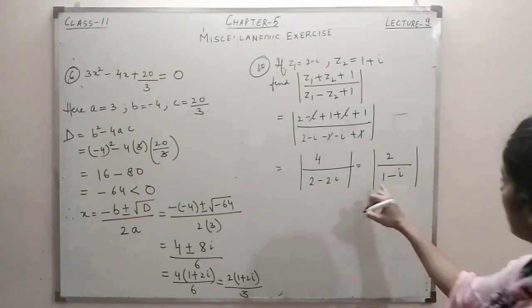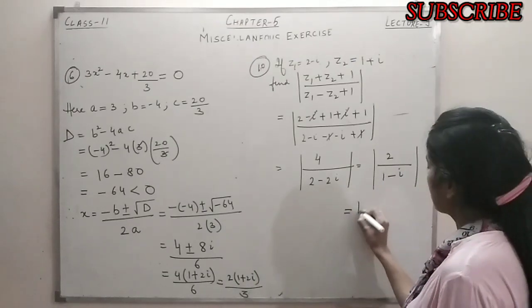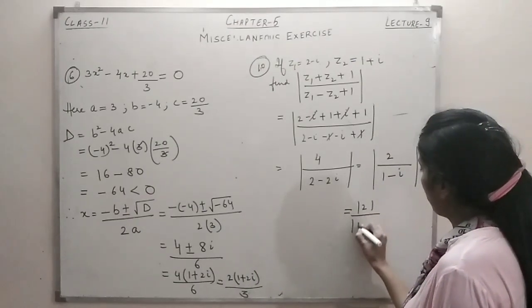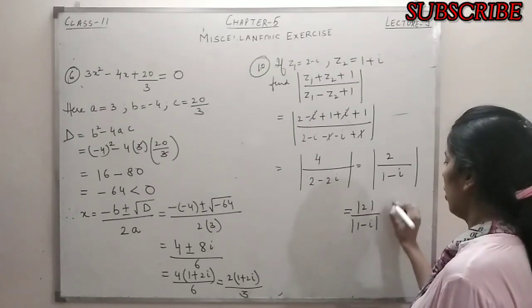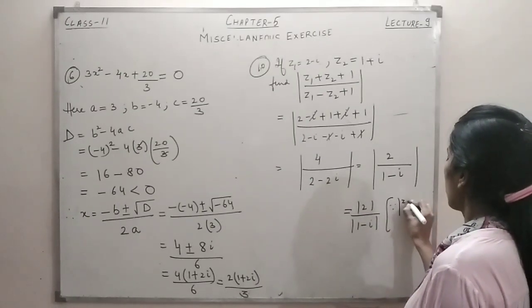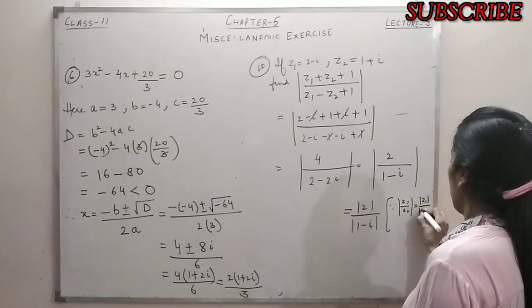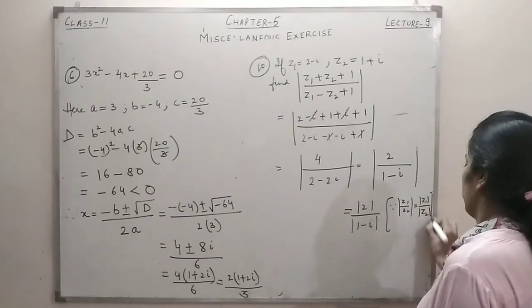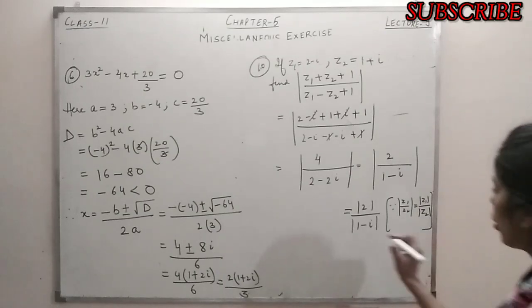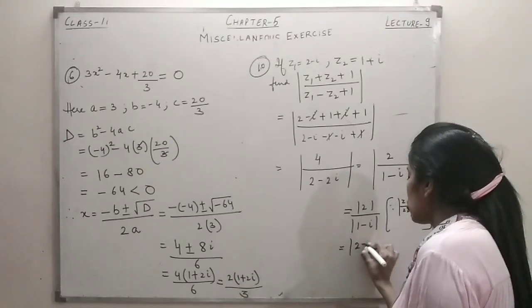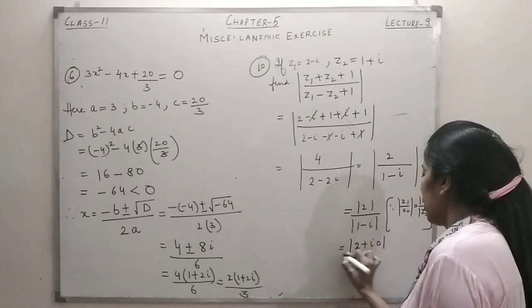Again, this modulus of 2 upon 1 minus iota, can I write it as modulus of 2 upon modulus of 1 minus iota? Because modulus of Z1 upon Z2 equals modulus Z1 upon modulus Z2. It's right. Modulus of 2, can I write this as 2 plus iota 0? It means the real part is 0 here.